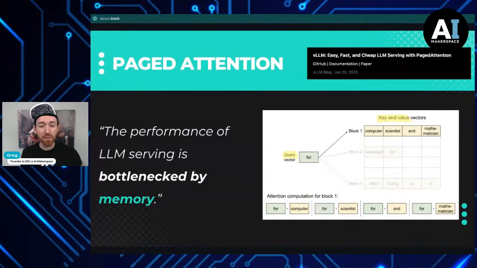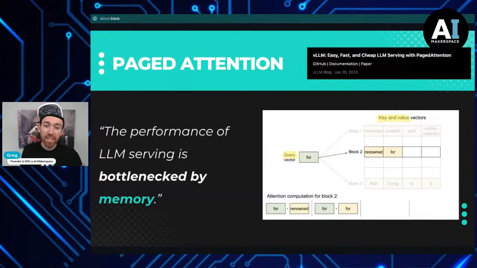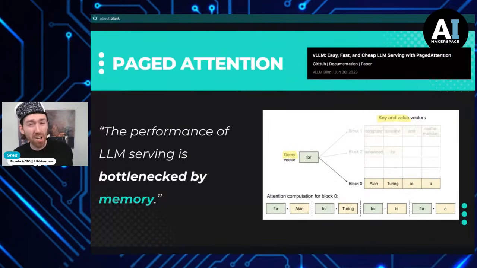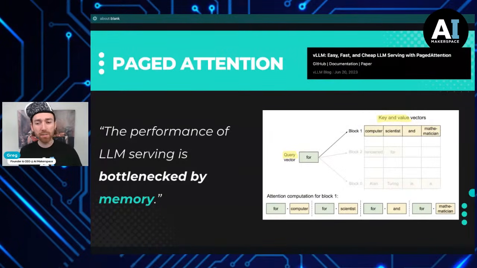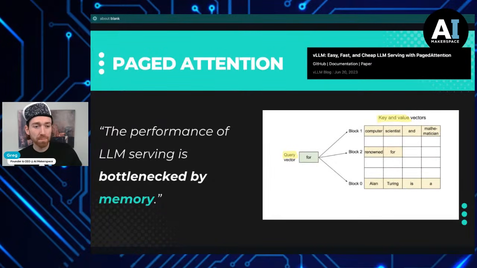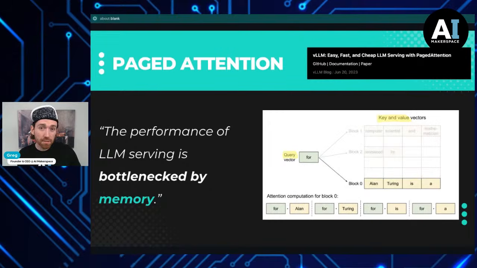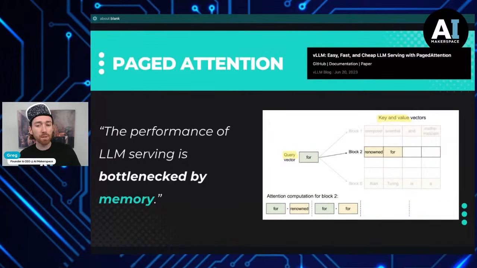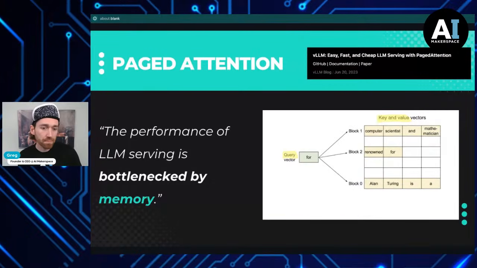Look at it. There's a great GIF. It's so clear. But there's actually a lot going on here. And if you're not intimately familiar with every aspect of how attention is calculated, then it's kind of hard to understand what PagedAttention is.